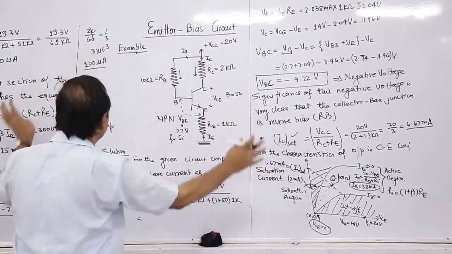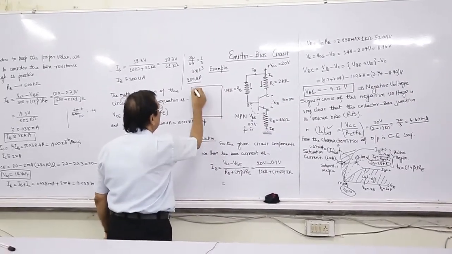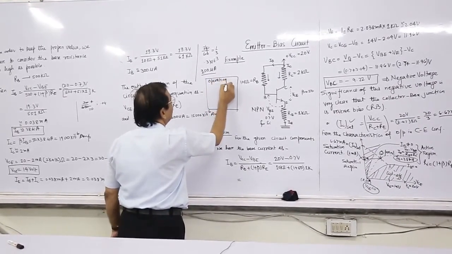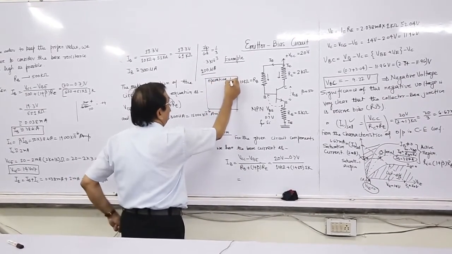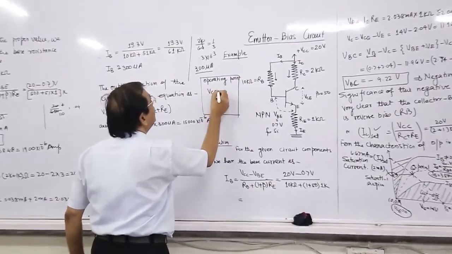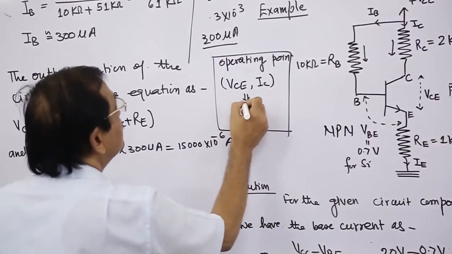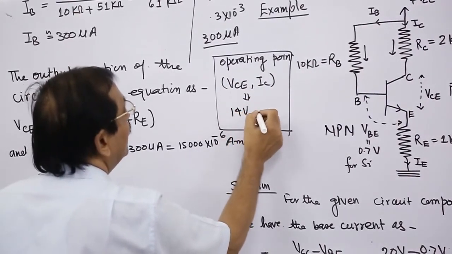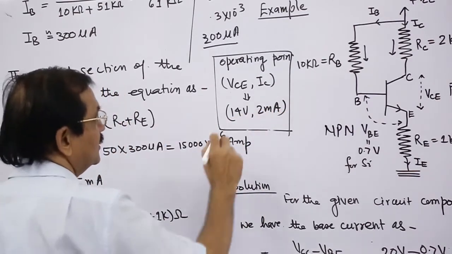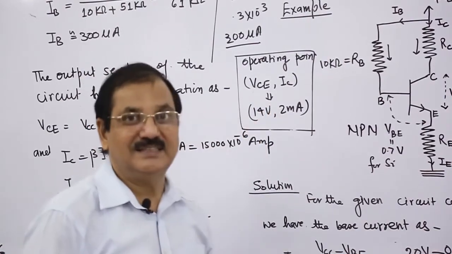So from this circuit, the operating point VCE and IC corresponds to 14 volt and 2 milliampere as the Q point, that is the Q point for stability.